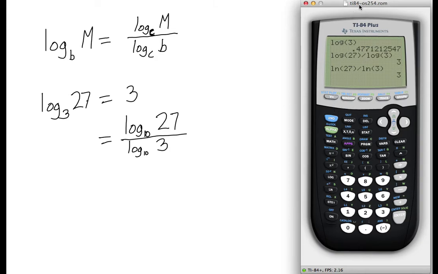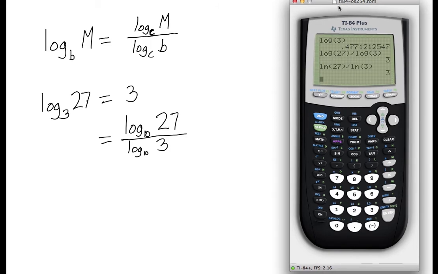However, the TI-84s, just TI-84s and TI-Inspires, not the TI-83s, have a shortcut that allows us to get past this division. All the calculator is doing is this division, but they're making it so we don't have to type it in. If you've got a TI-84 and you hit alpha and the window button, choice number 5 says log base.